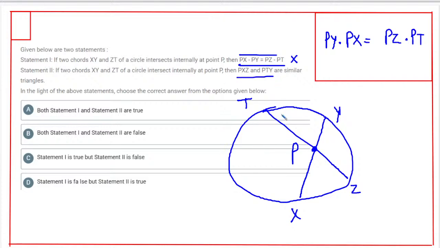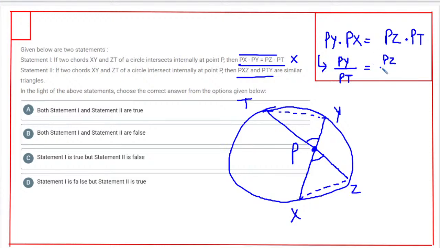Now, are they similar? Pxz and Pty. For similarity, this angle is equal and the ratio of corresponding sides must be equal. If I have done it like this, Py upon Pt, I am using the same information.